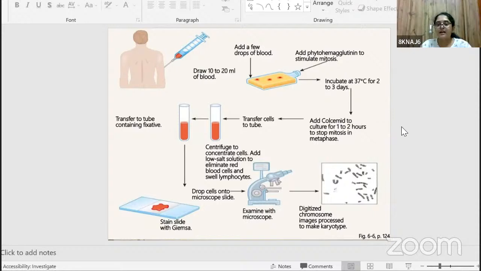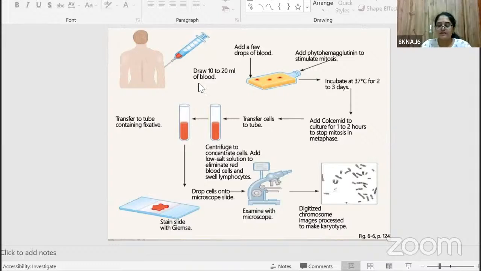And antibiotics are added so that the culture does not get contaminated. And then it is incubated for around 3 days at 37 degrees Celsius. And then you harvest it by adding colchicine. So colchicine treatment is performed, and after 2 hours of it, you centrifuge it. So supernatant is discarded.